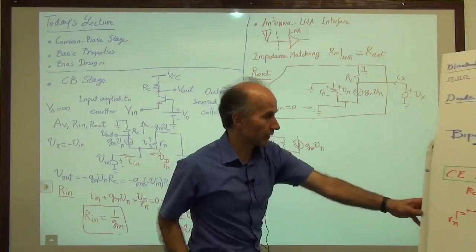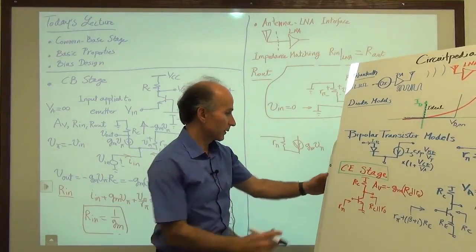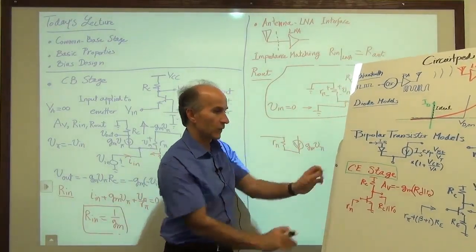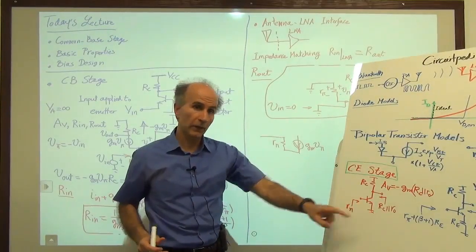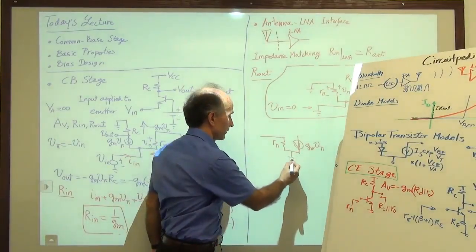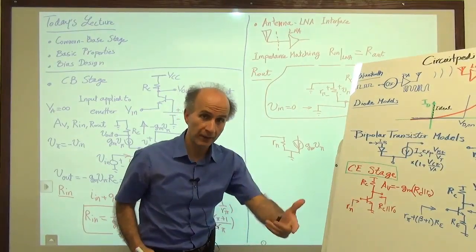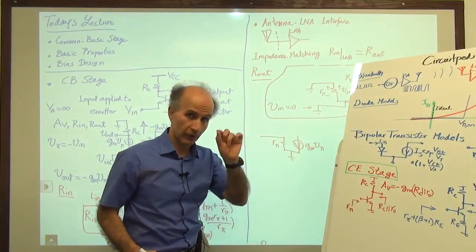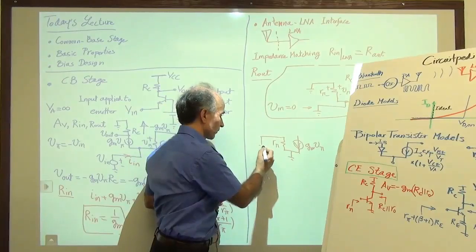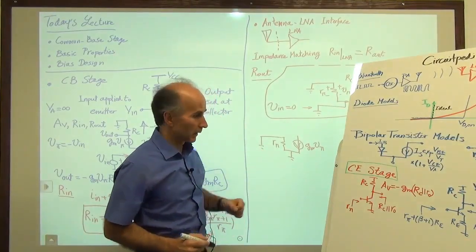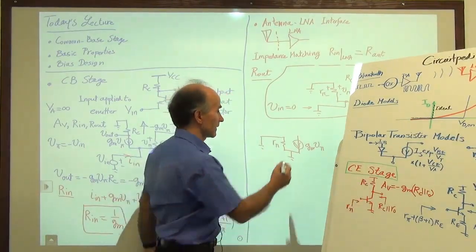Okay, so I'm going to refresh your memory if I can juxtapose these two. So the emitter goes to ground, emitter goes to ground. The input is driven by a voltage source, but for output impedance calculations, I have to short that voltage source, so that goes to ground. Then we have RC to VCC.